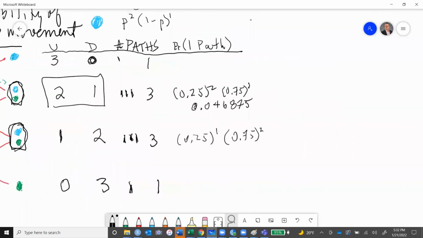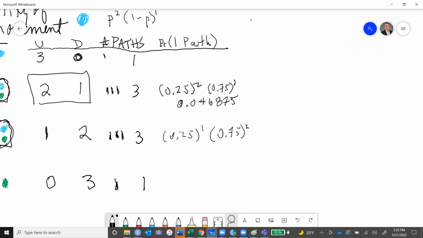Okay, now we can get rid of the tree. We can just do the math over here. So the probability of seeing 2, in our case, I'm going to get rid of this first, of data given a hypothesis.